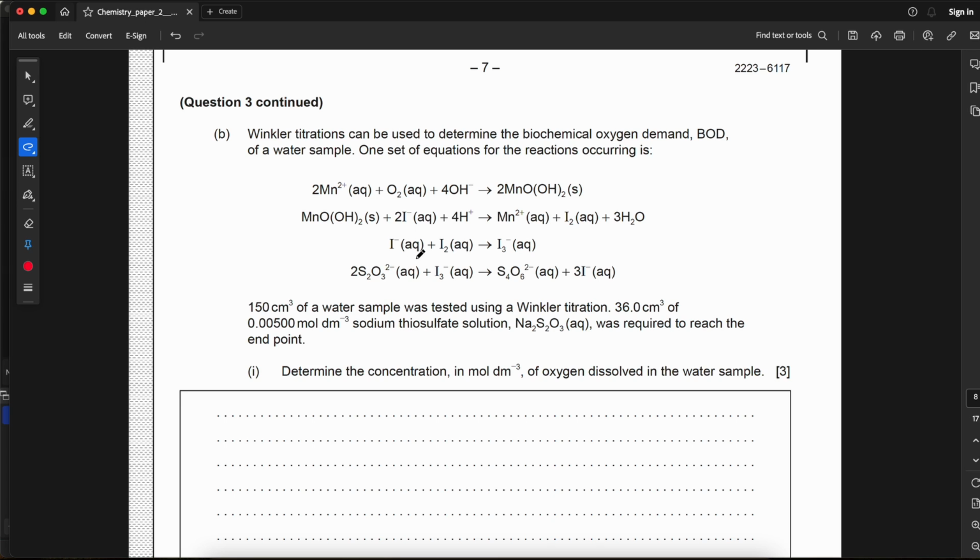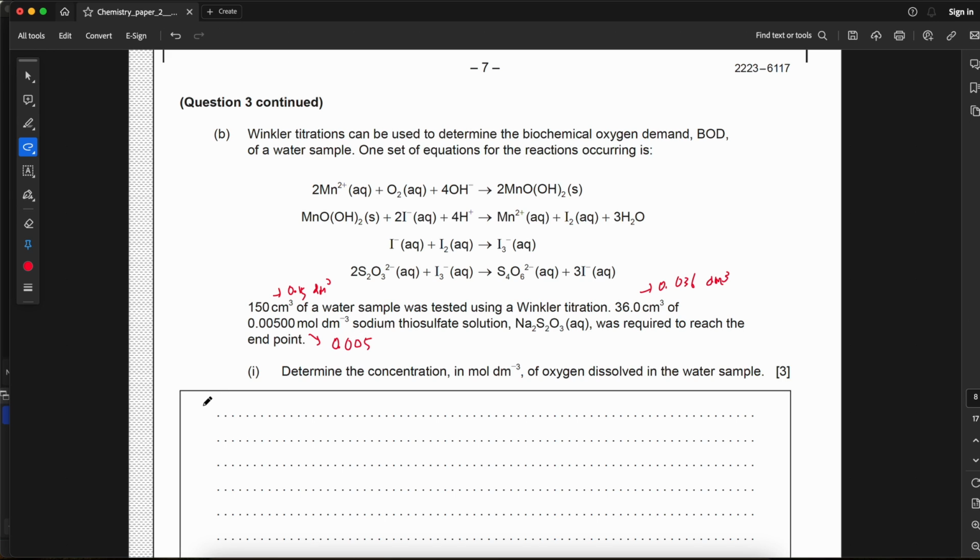All right, so volume of water is 100 cm3, which is 0.1 dm3, and volume of thiosulfate is 36 cm3, which is 0.036 dm3, and the concentration is 0.005.